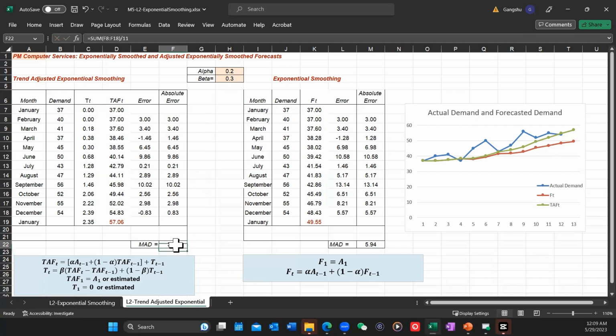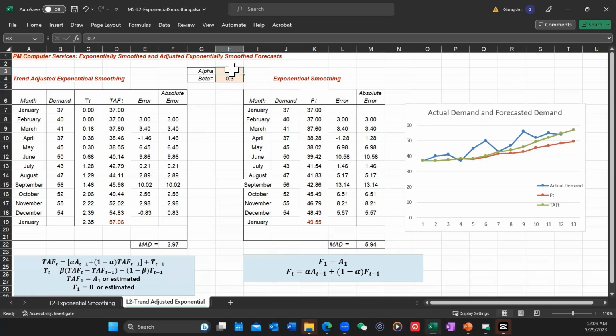Compare this MAD to the MAD in exponential smoothing. We know that this trend-adjusted exponential smoothing can perform better than the simple exponential smoothing. Of course, we can change the alpha value to reflect what's happening in our analysis.